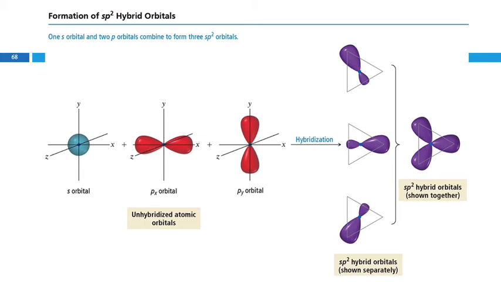Well, what about the p orbital that we didn't hybridize? So this is on the x-axis, and this is on the y-axis. So the one that's missing is on the z-axis, which is coming out and going behind. So it's going to kind of look like that trigonal bipyramid, except that these aren't electron groups, they're lobes of orbitals.